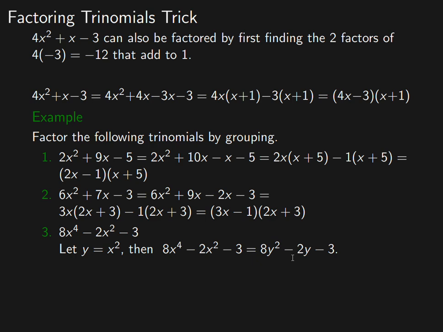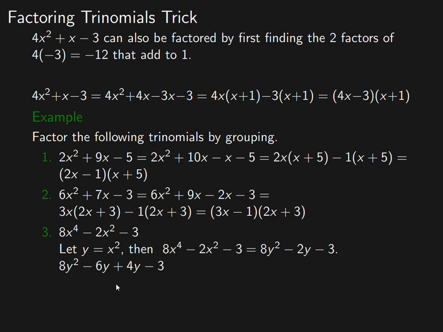Now the problem simplifies to finding the two factors of 8 times minus 3, which is minus 24, which add up to minus 2. So those numbers are minus 6 and 4. So now let's rewrite this as 8y squared minus 6y plus 4y minus 3.